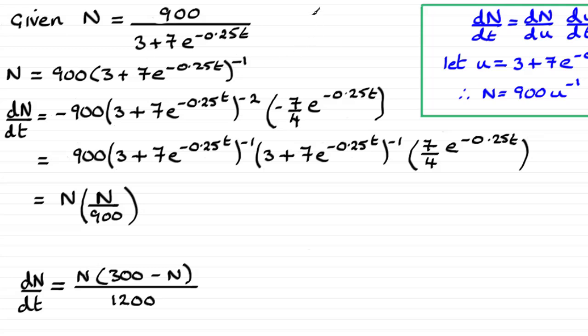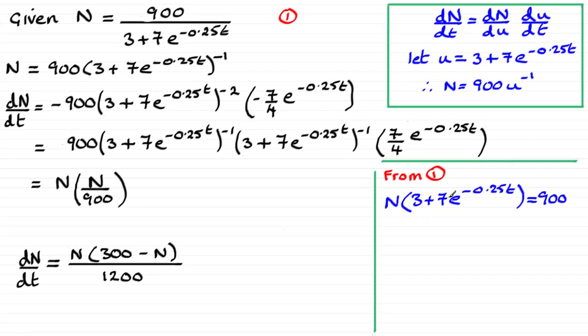So what I'll do is I'll number this equation 1. If I take that equation, first of all, let's multiply both sides by the denominator here. So what I get then from 1 is n times that bracket equals 900.